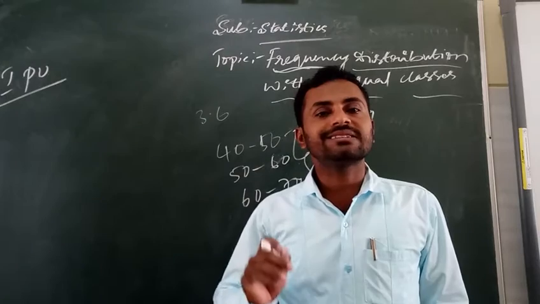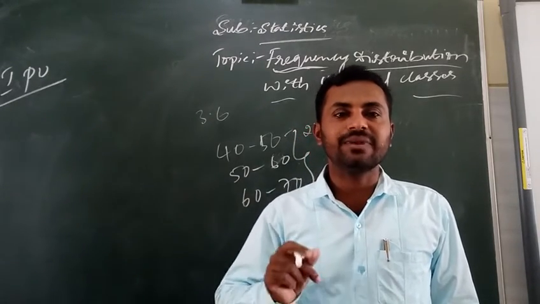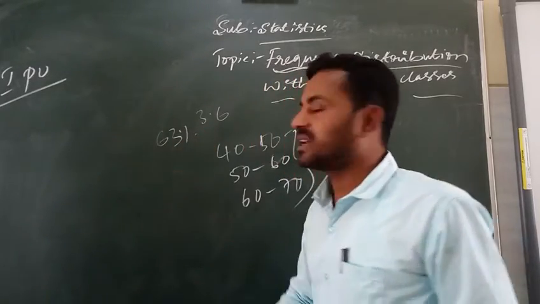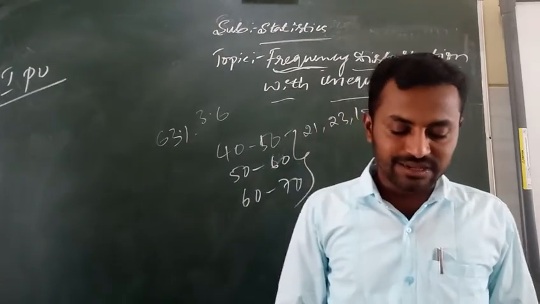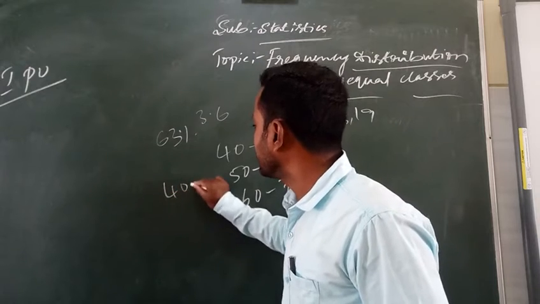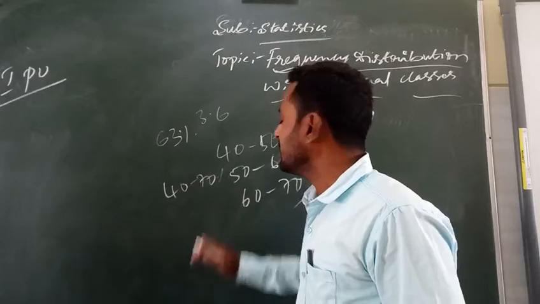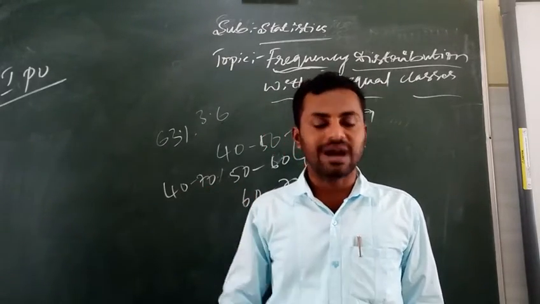So 63% of the students belong to the middle range, 40 to 70. 63% of the students got 40 to 70 marks.